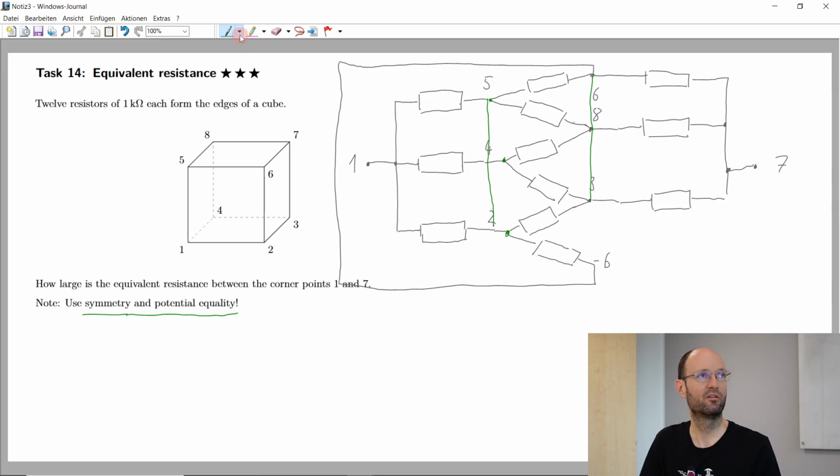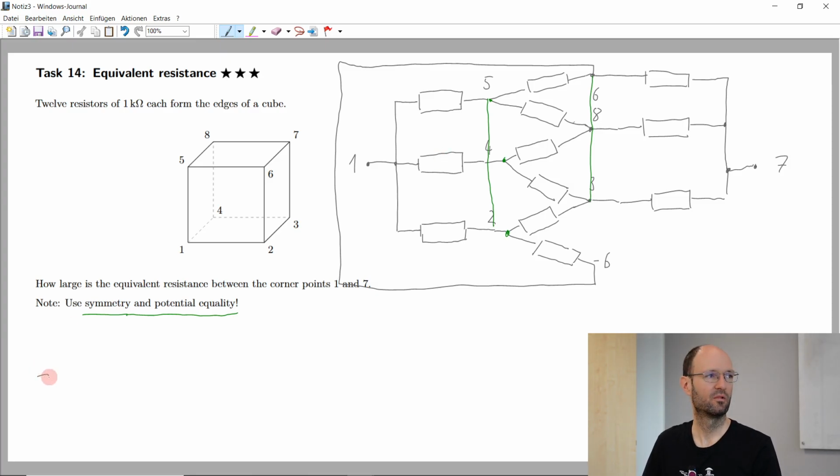And so now if we check, because of this virtual connection here that is allowed due to symmetry and this equality of potential, these 3 resistors are connected in parallel.